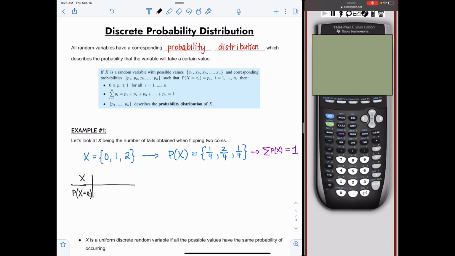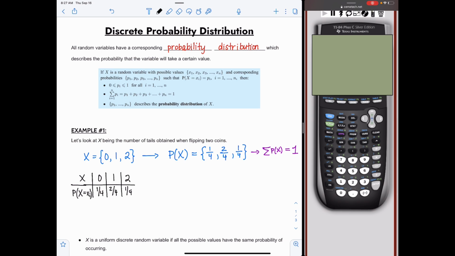So we have 3 values that x could be, 0, 1, 2. And then we also have the different probabilities. So we have 1/4, 2/4, or if you want to put 1/2, you can. So we have 2/4 or 1/2, and then you have another 1/4.